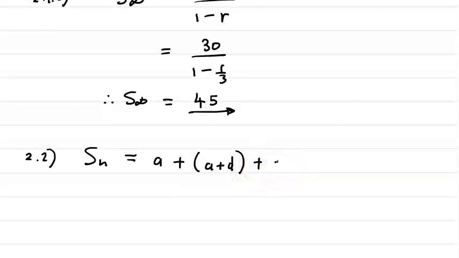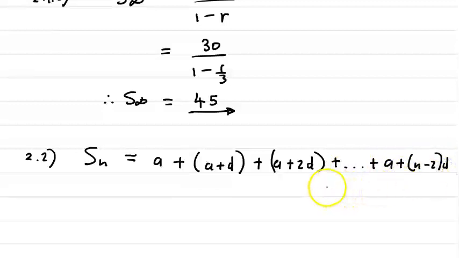The third term will be a plus 2 times the common difference d, and so on, plus the second last term will be a plus n minus 2 times d, and then the nth term will be plus a plus n minus 1 times d, and I'm going to call that equation 1.